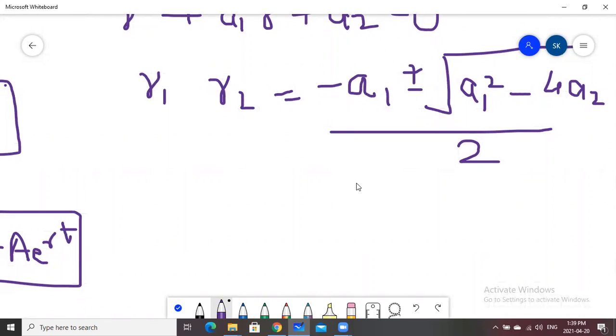Now we will solve it. We know that r1, r2 is equal to minus a1 plus minus square root of a1 square minus 4a2, divided by 2.